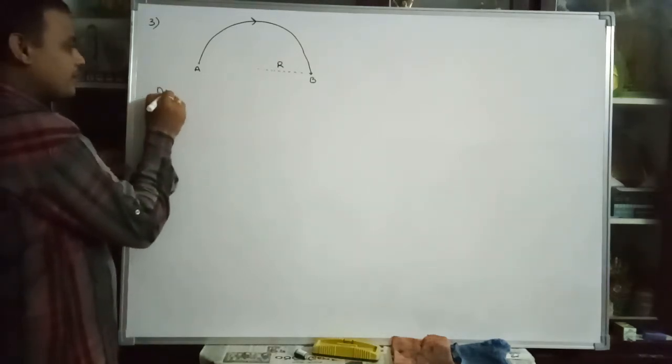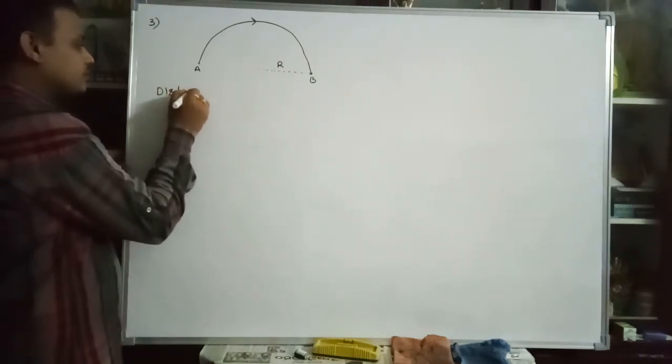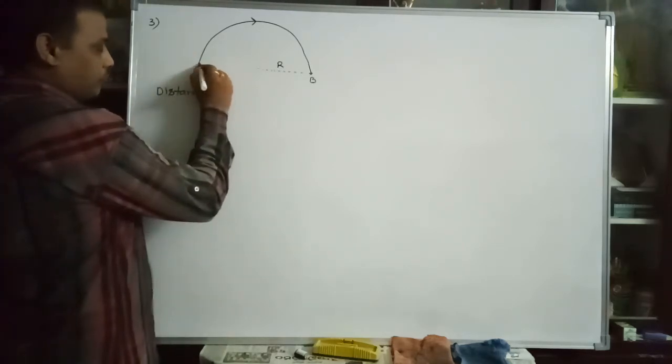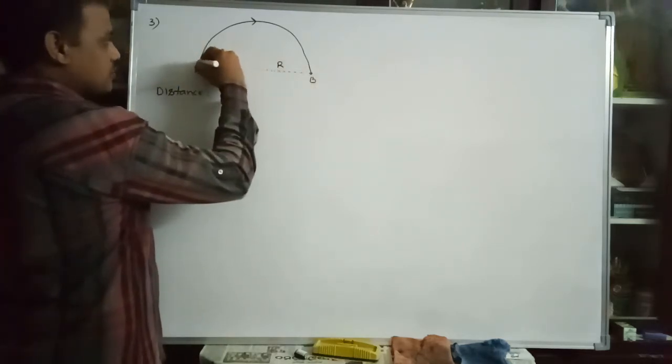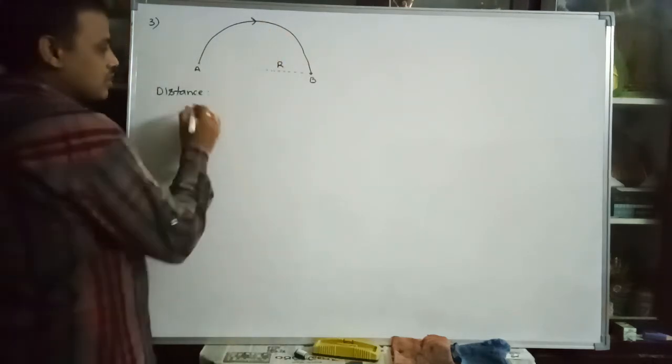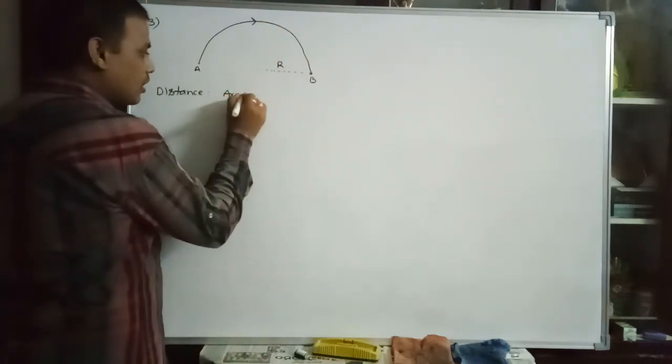First of all, distance. Distance is nothing but path length. Starting at point A and ending at point B, he moves on the circumference. He covers half of the circumference. So distance is nothing but arc length.